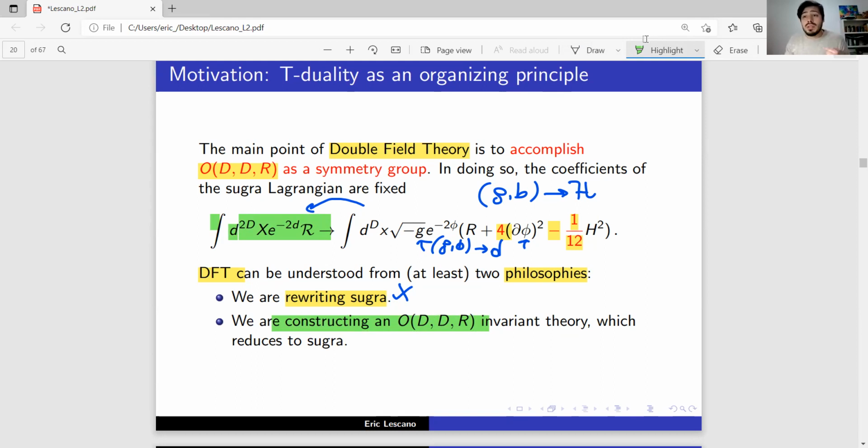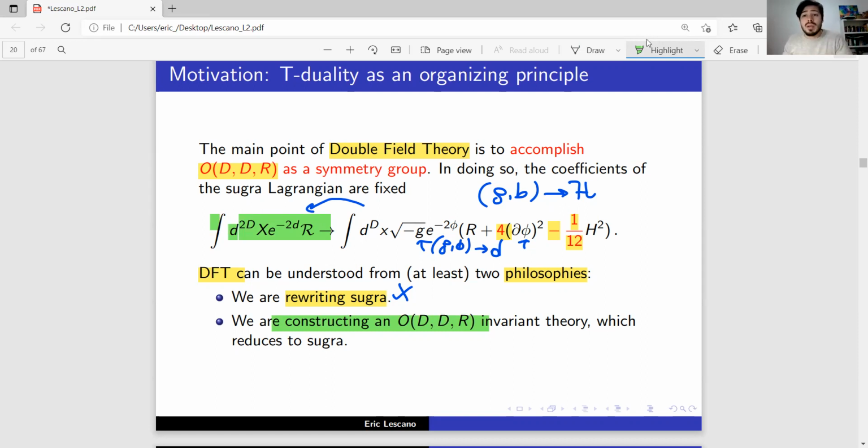But our starting point is double field theory. We are not starting from supergravity and performing a rewriting. We are just constructing a T-duality invariant theory, or if you want, an O(D,D) invariant theory. And that theory, upon parametrization and upon strong constraint, reduces to supergravity, but not exactly to a string theory.